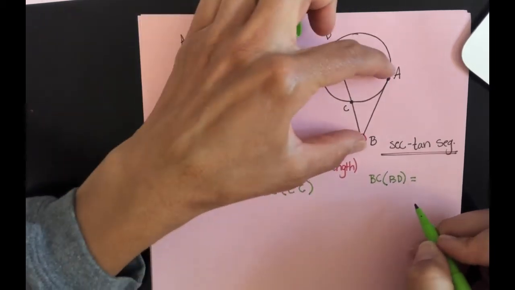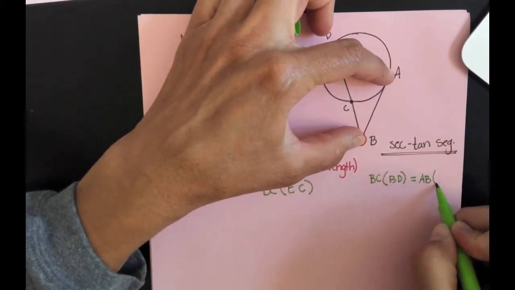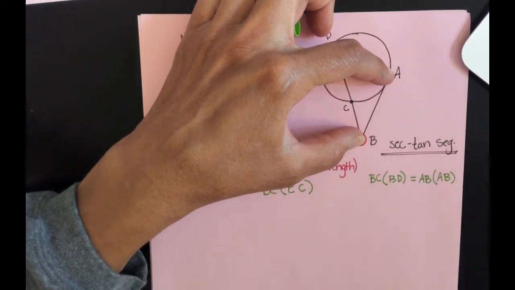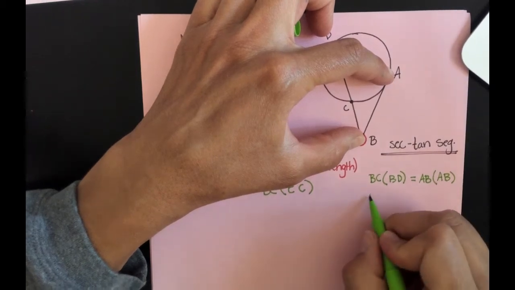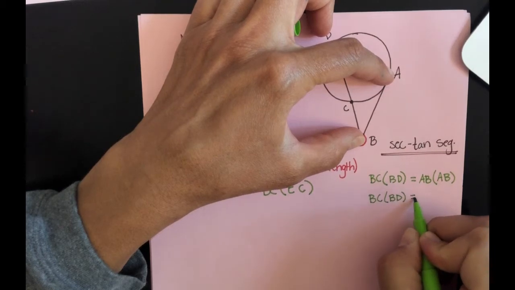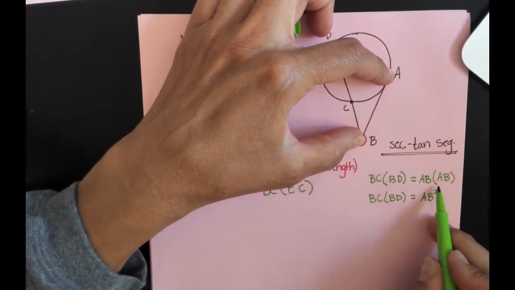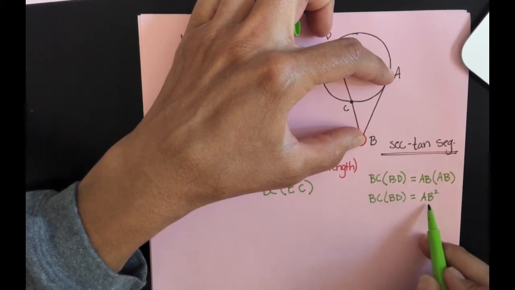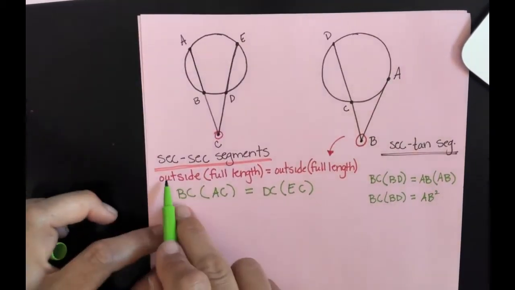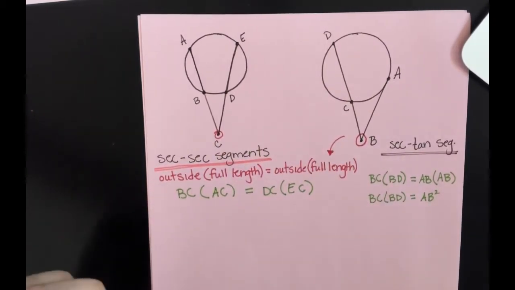And on this side, we're going to talk about the exact same thing. Outside AB times the full length, which also happens to be AB. So sometimes what you find is it'll look like this where it's squared, because remember, anything multiplied by itself is something squared. But again, it's because both of these fall outside of our circle.